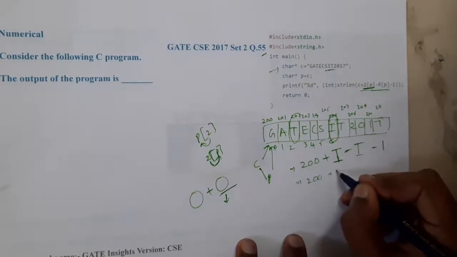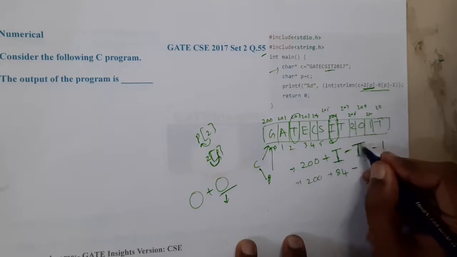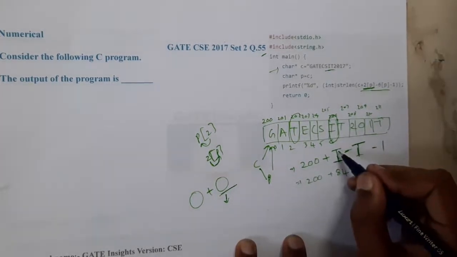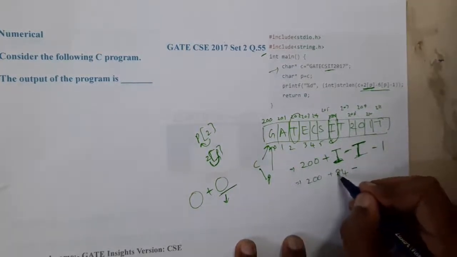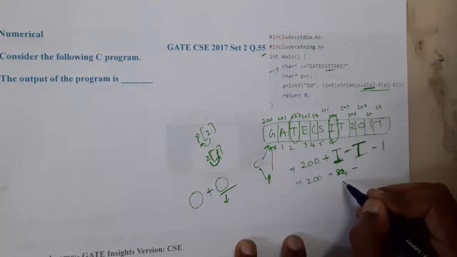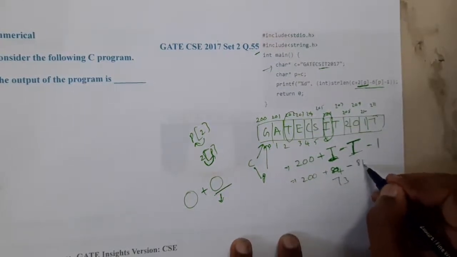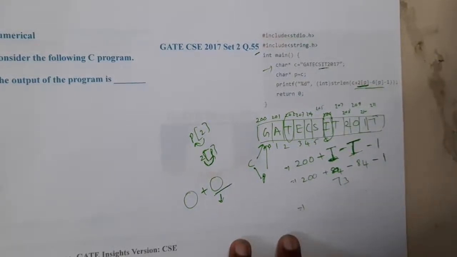What is the ASCII value of T? It is 84, minus the ASCII value of I, which is 73. Then you are doing minus 1 again. So what will be the result, guys?